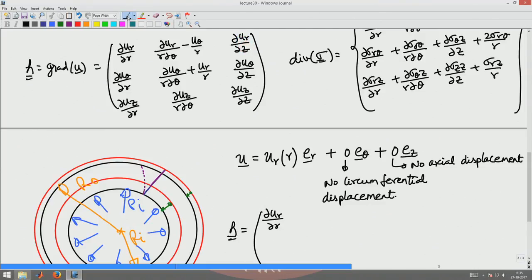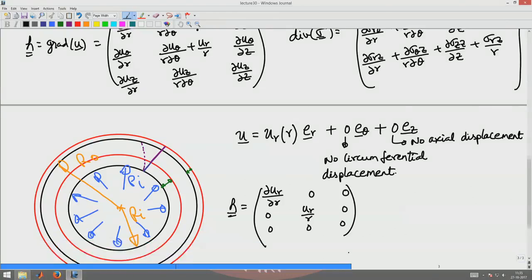Okay. So, you have dou u r by dou r, 0, 0. All the remaining components except u r by r are 0 because there is no u theta and there is no u z in this problem. Okay. So, you have 0, u of r by r, 0, 0, 0, 0.